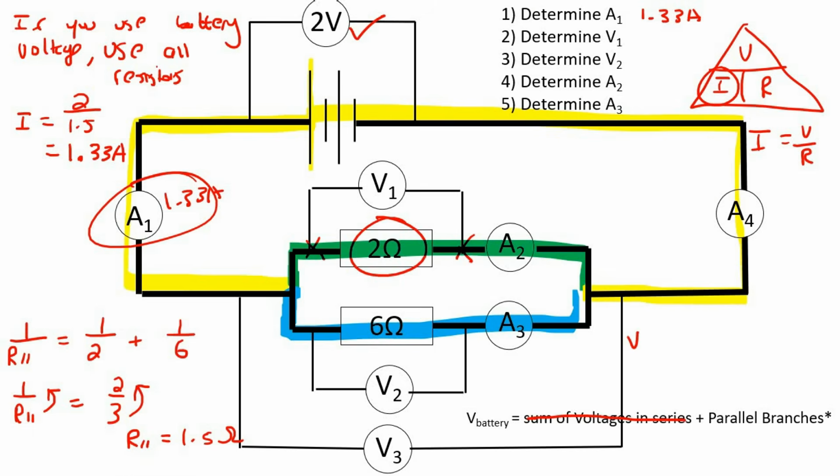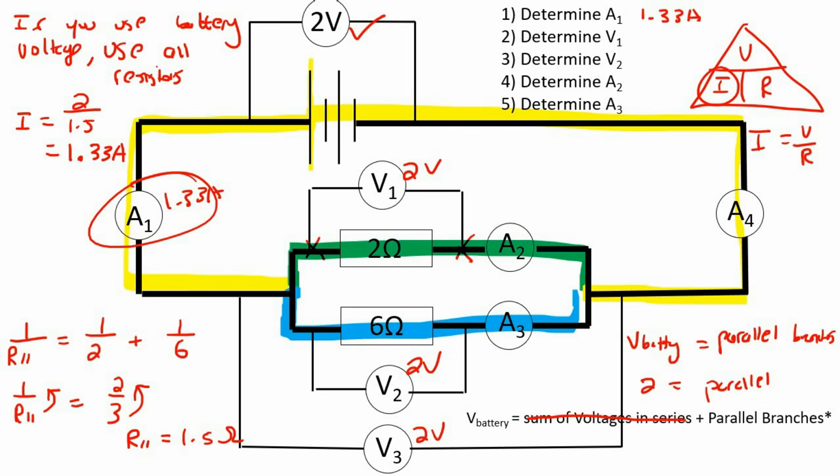So then we can just say that the battery's voltage is the same as the total of the branches in parallel. So the voltage of the battery is 2. And so the parallel branches are each going to be 2. So that means that this one is 2, this one is 2, and this one is also going to be 2 volts. So there we've got V1 as 2 volts.